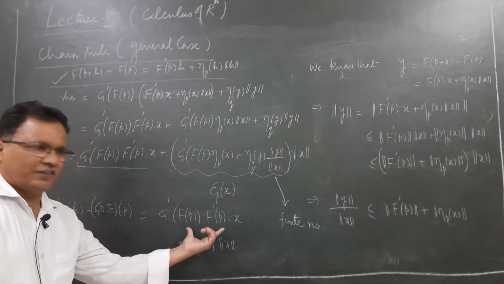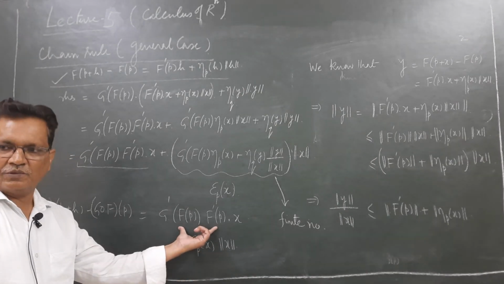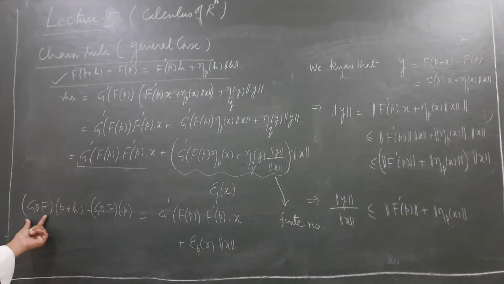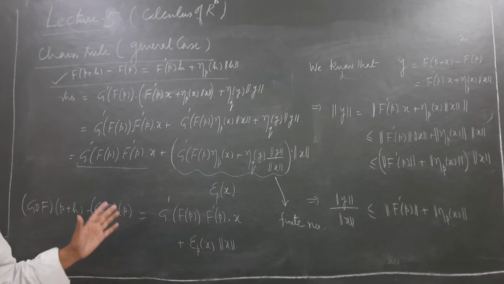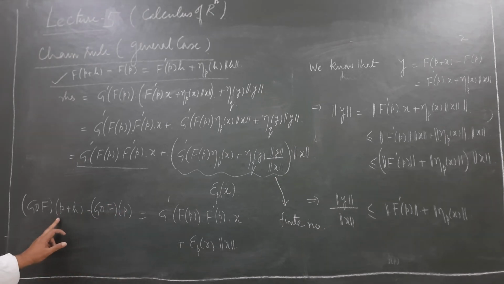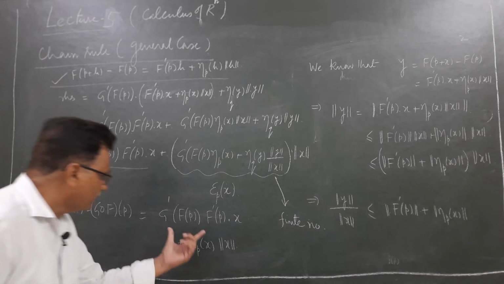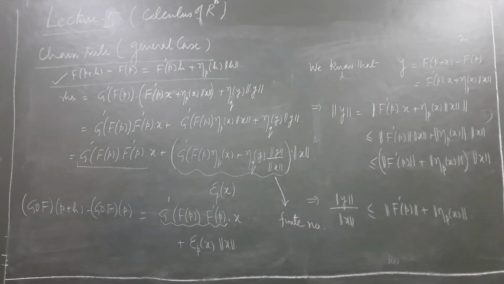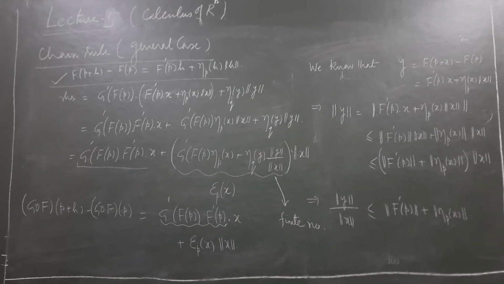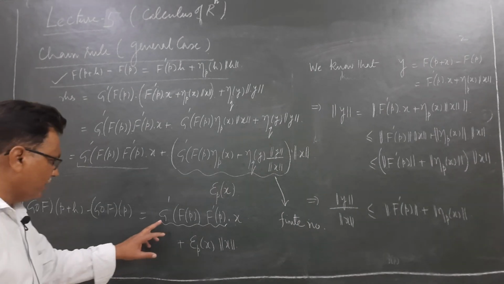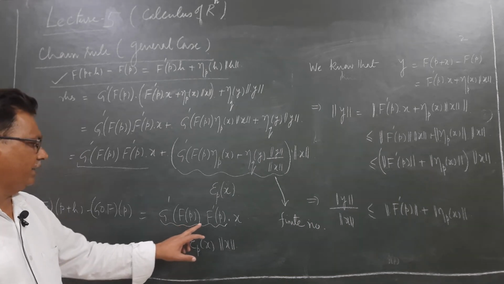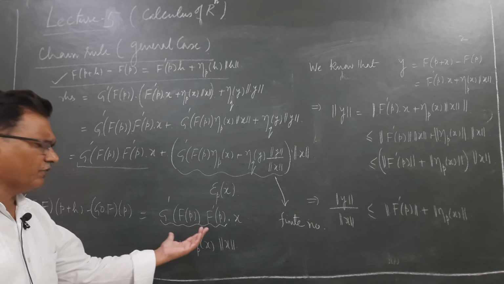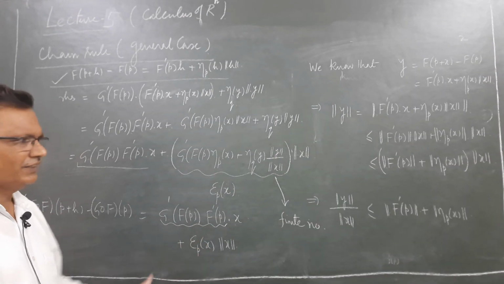This is a linear term of x, this is a linear term of x, this is a continuous function of x, and therefore g composition f is differentiable at the point p. And what is the derivative? This is the derivative. So from here what you notice is that the derivative of g composition f is equal to g dash of f p into f dash of p. And therefore the chain rule is satisfied. This is what the chain rule is. Is it right? And you are done.